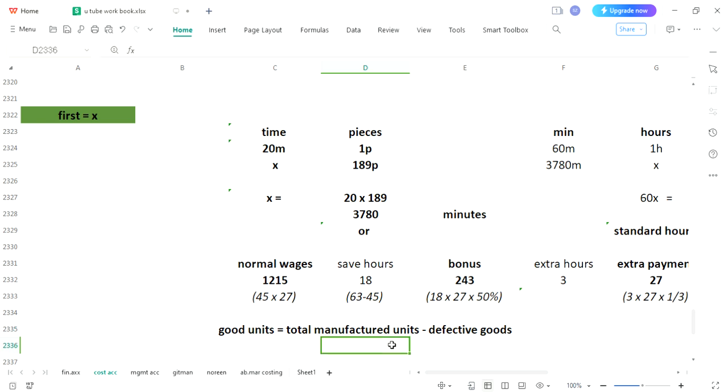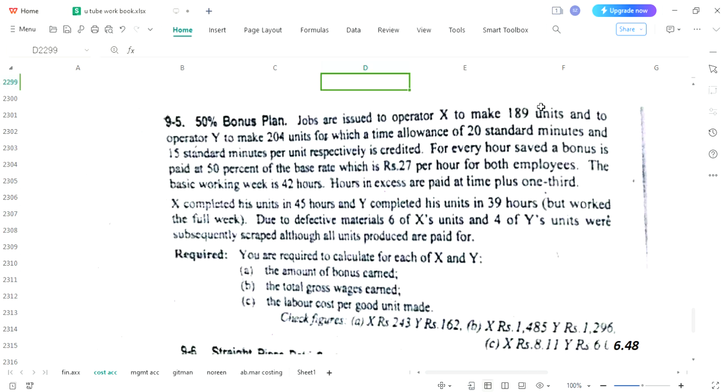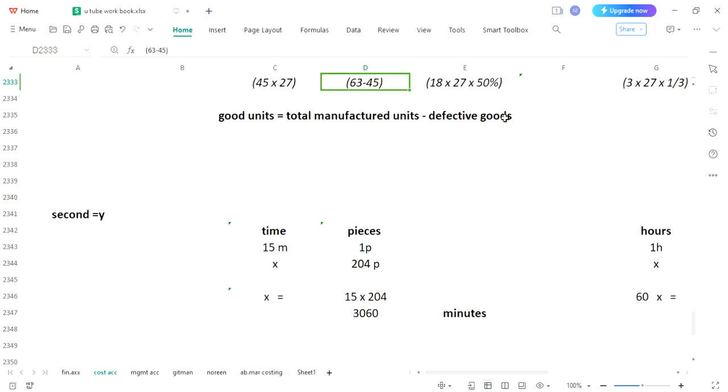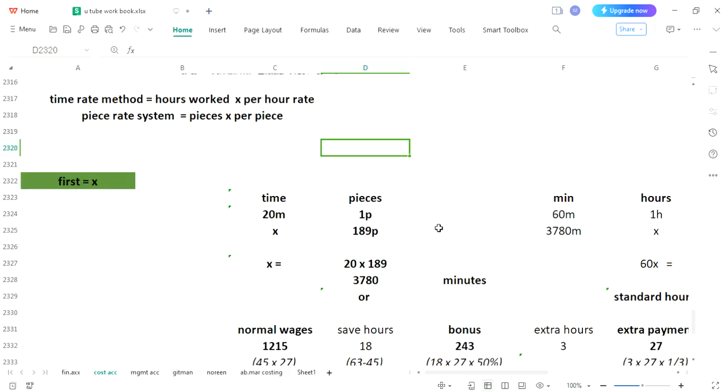So total units manufactured were 189 units. We are talking about X for the third part. Total units made 189, and scrap units are also mentioned in the question. Due to defect, 6 of X units.